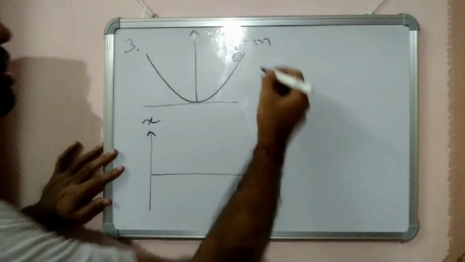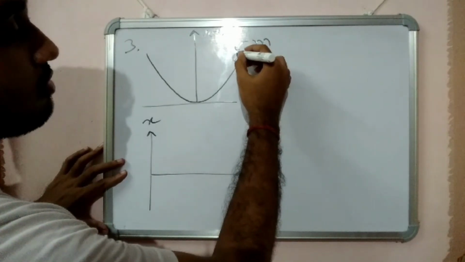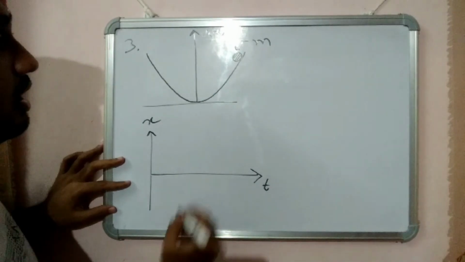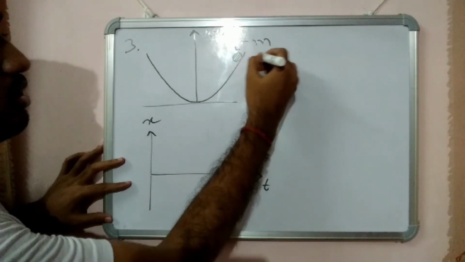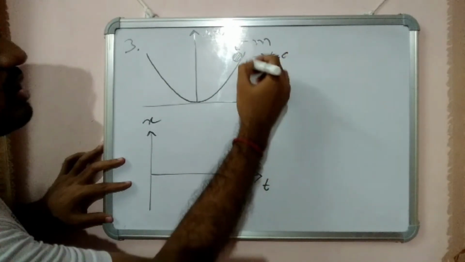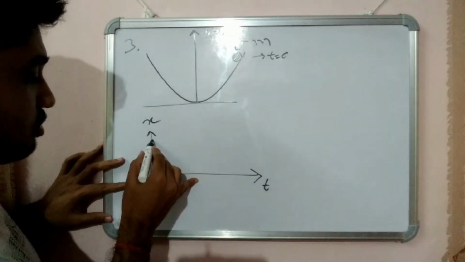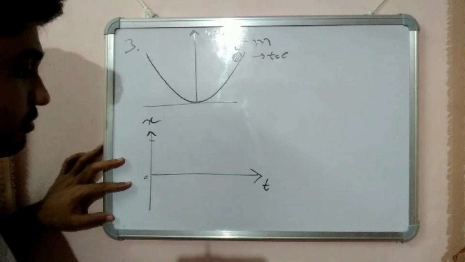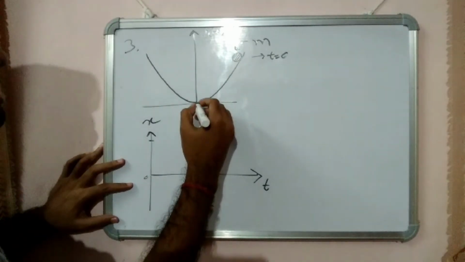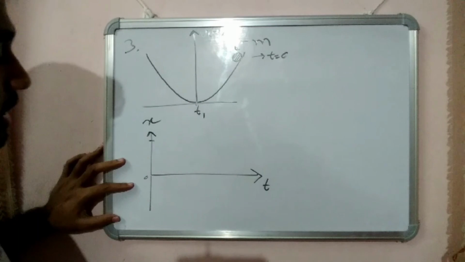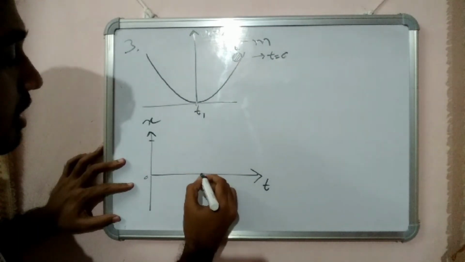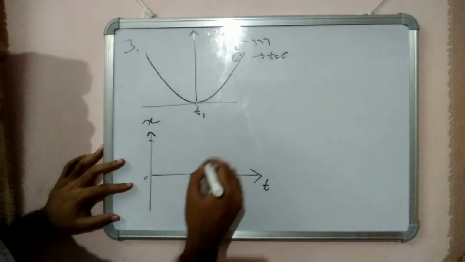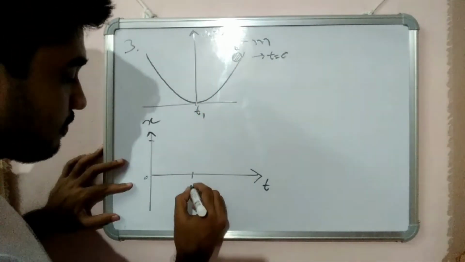As we are releasing the ball from here, this is the maximum amplitude, and at the initial time t is equal to 0, it is at the maximum amplitude. So let's say this is the maximum at t is equal to 0, and suppose at t is equal to t1, it will be in the middle or at the mean position. That is, the displacement will be 0.